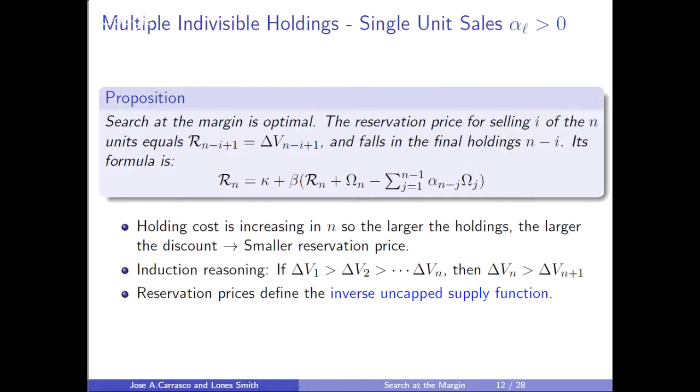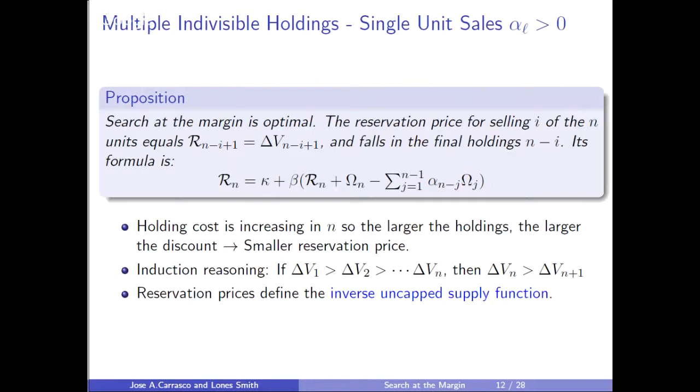There's a minus sign here, and we call that a holding cost discount. I'm giving the discount because if I sell that unit, I'm going to be left with N-1 units, so I'm closer to getting the surplus for each of the remaining units that I hold.